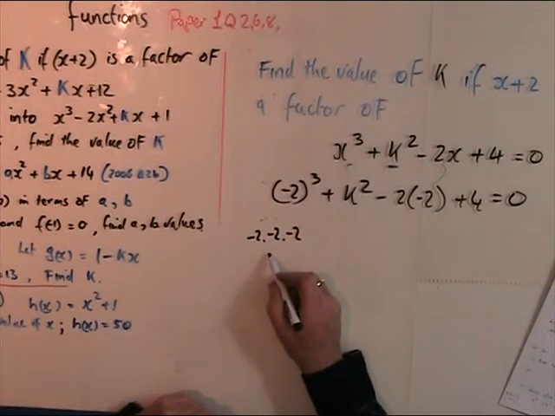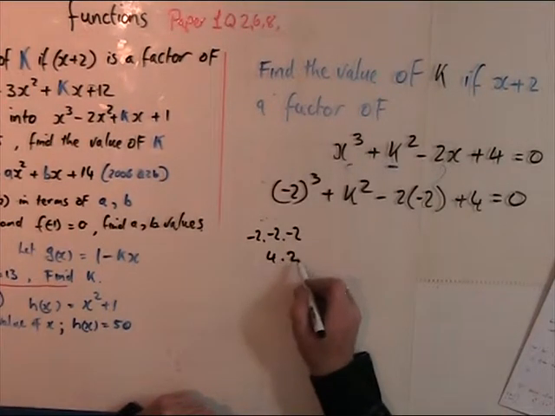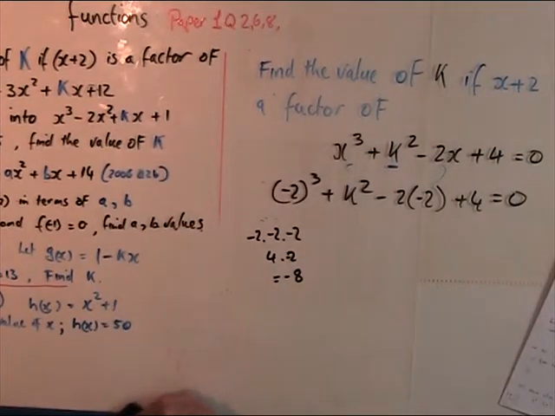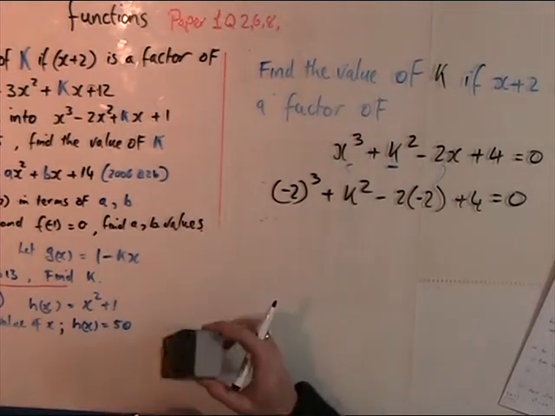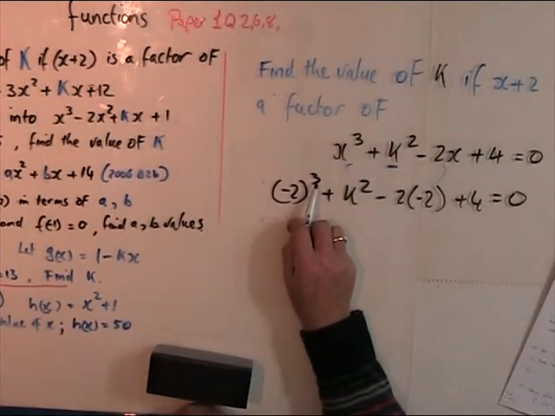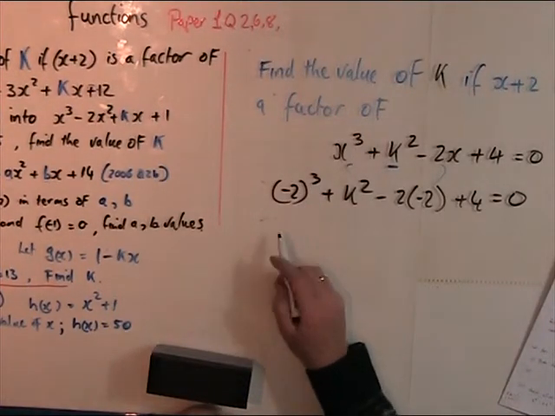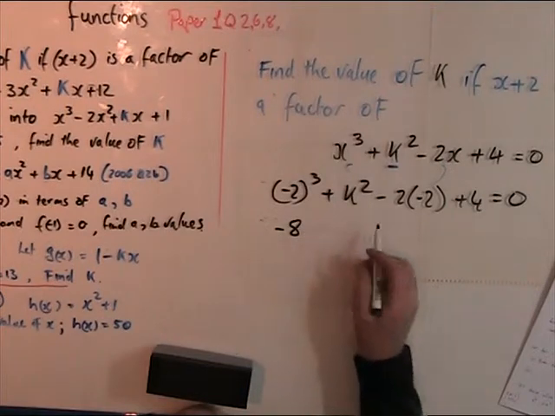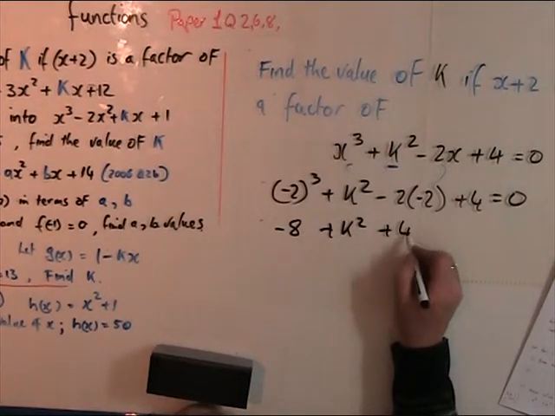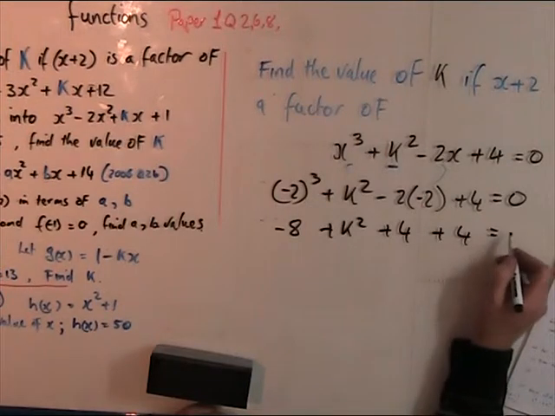Minus by a minus is a plus. Minus by a plus is a minus. Okay, so minus 8. Any integer with a negative sign on it, with an index that's uneven, is going to be a minus. Okay. So plus k squared, minus by a minus is plus 4, equals 0.